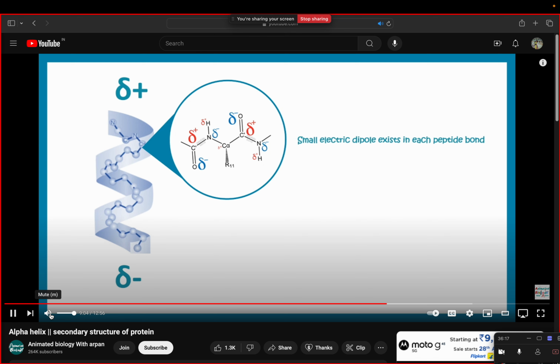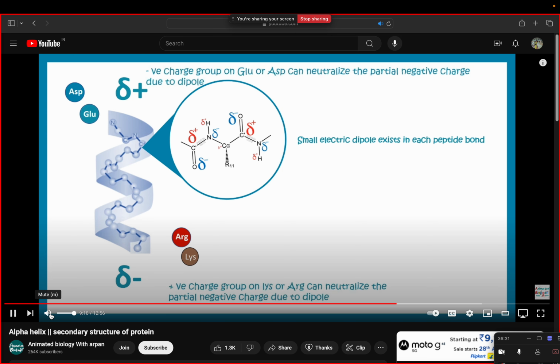This is done by negatively charged residues at the N terminus and positively charged residues at the C terminus. Positively charged residues such as arginine and lysine would help to neutralize the net negative charge, whereas negatively charged amino acids would help to neutralize the partial positive charge due to the dipole, and this ensures the helix becomes stable.